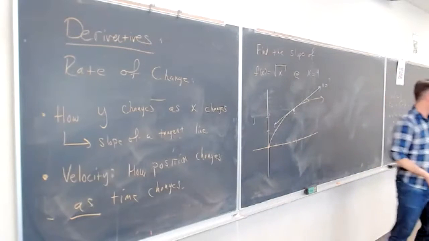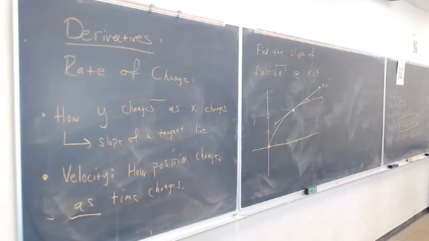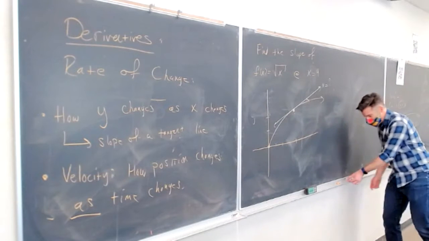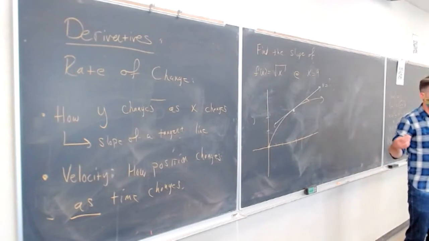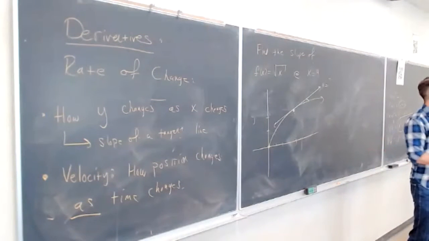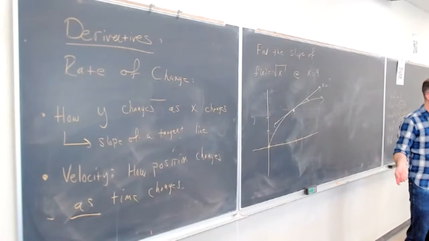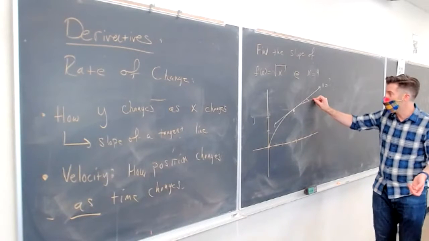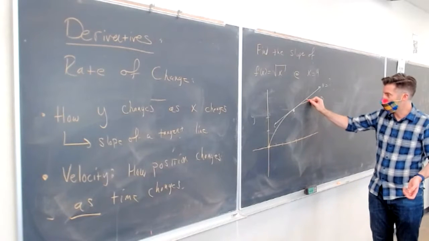We'd really like to know what that slope is. Well, we don't yet know what it is. What we can do, because we don't yet know how to find the slope of a line where we only have 1 point. But if we had 2 points, we could totally find the slope of a line between 2 points.